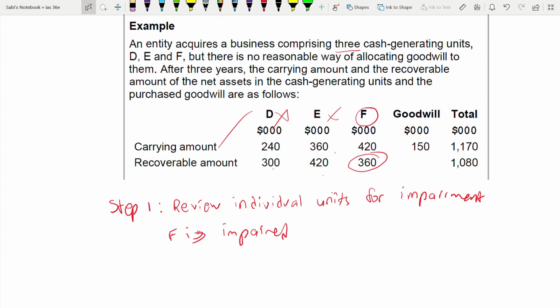You can reduce the carrying amount up to 360,000. Okay, carrying amount is reduced to 360,000.